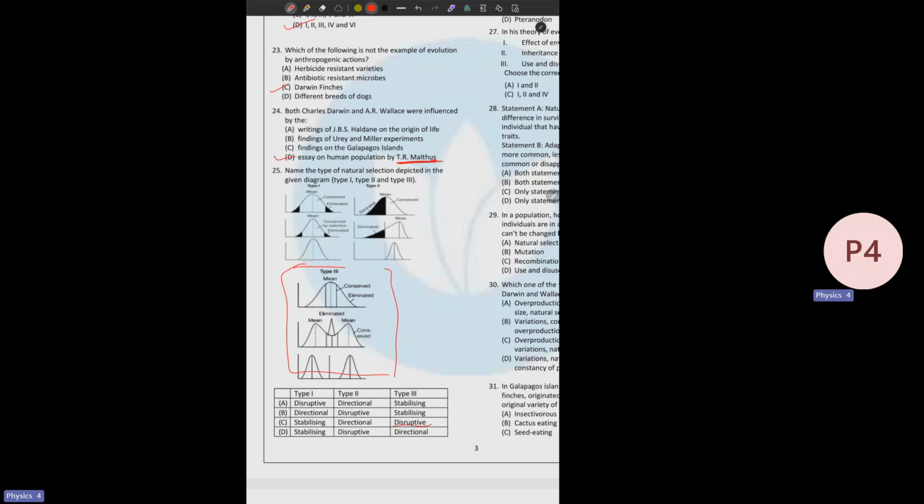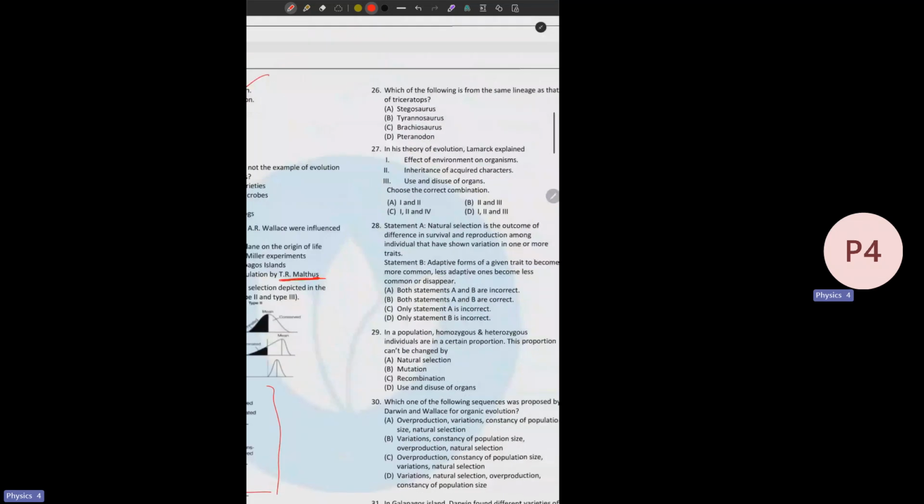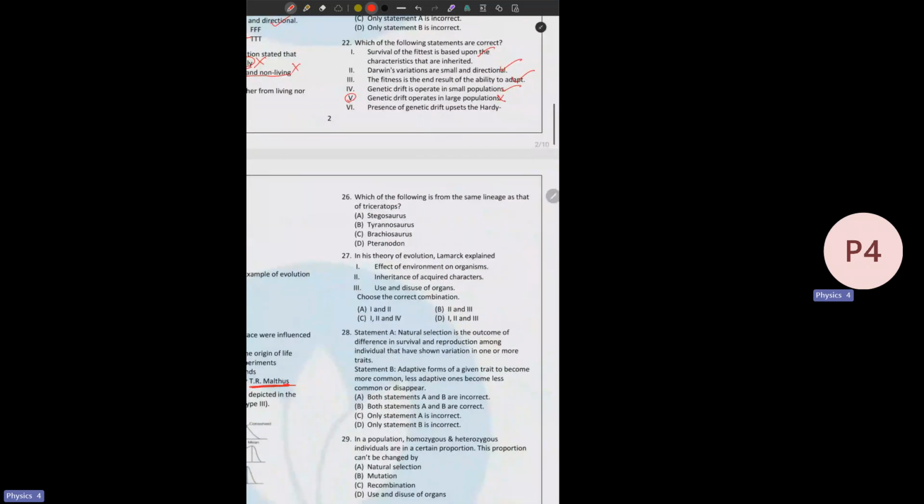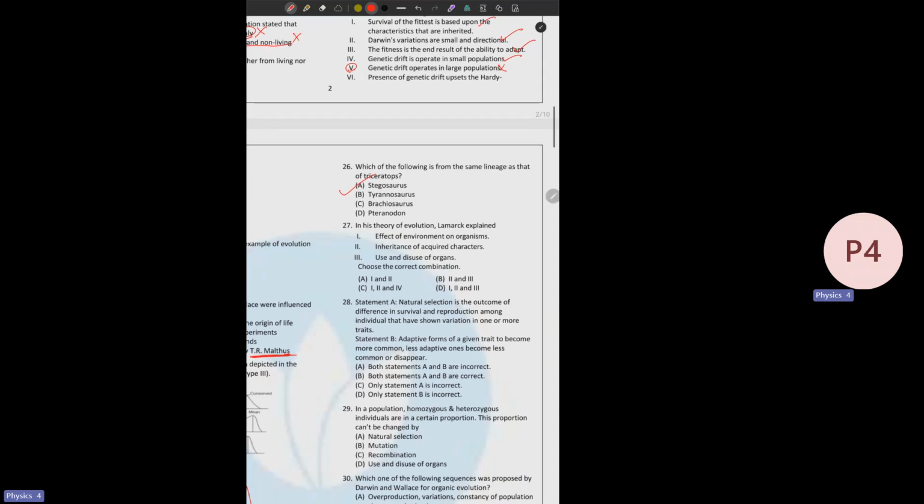So type 3 is disruptive, and hence the correct answer is C. Which of the following is from the same lineage as that of Triceratops? That is Stegosaurus. In his theory of evolution, Lamarck explained the effect of environment on organisms, correct? Inheritance of acquired characters, correct? Use and disuse of organs. So the answer is B.